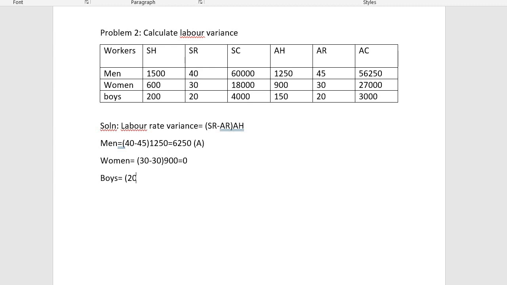It is 20 minus 20 into 150. So 0 multiplied with any number is also 0. So total labor rate variance is adverse 6250, which is adverse variance.